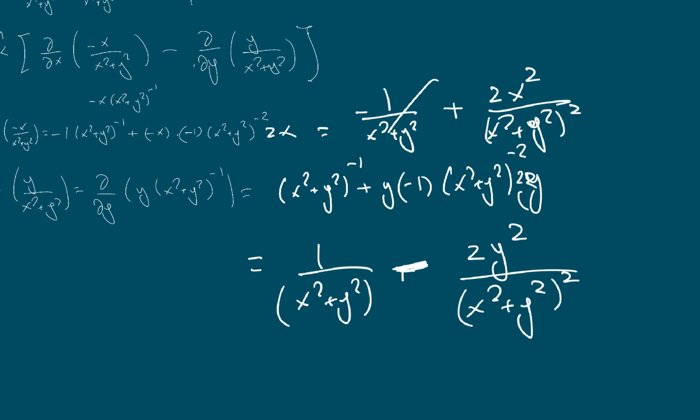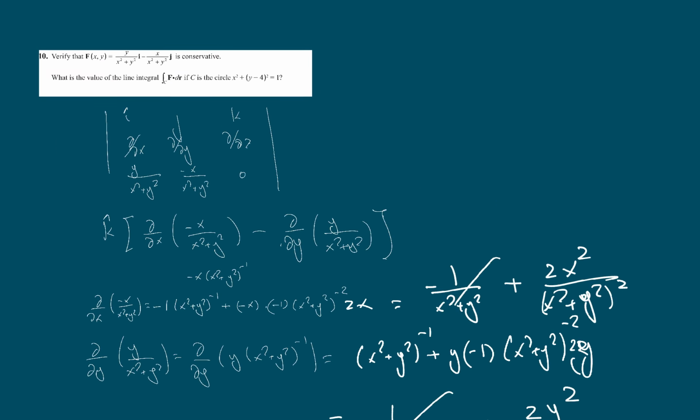Let me see. And this term cancels with this term. And this term does not cancel with this term. Let me think. 2x squared minus 2y squared. And these are two different terms. So this is not conservative.